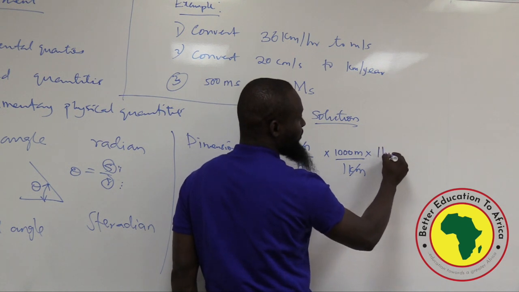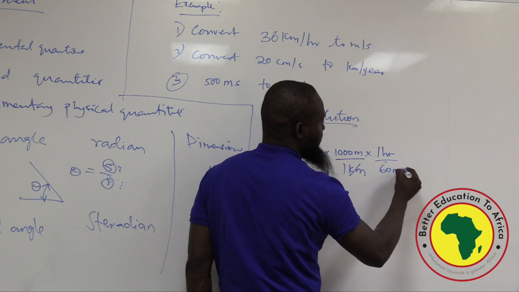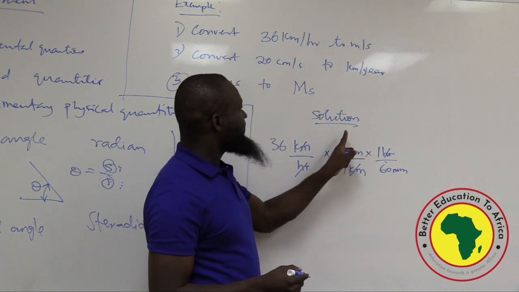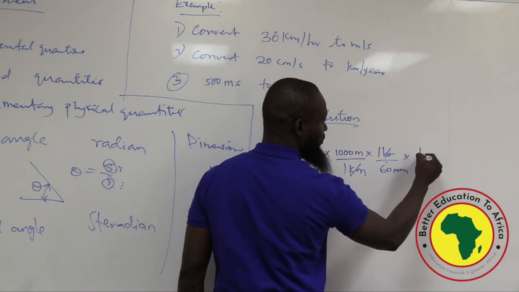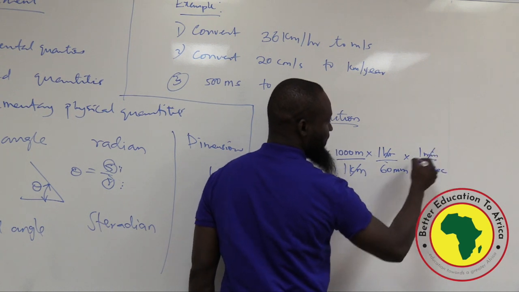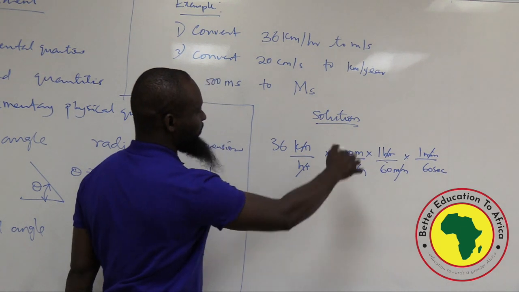1 hour is 60 minutes. Hours cancel hour. Now I have meters per minute. But I want meters per second, not meters per minute. So I convert minute again. 1 minute is 60 seconds. So minutes cancel minutes, and what I have left is meters per second. But I have to multiply all of this.